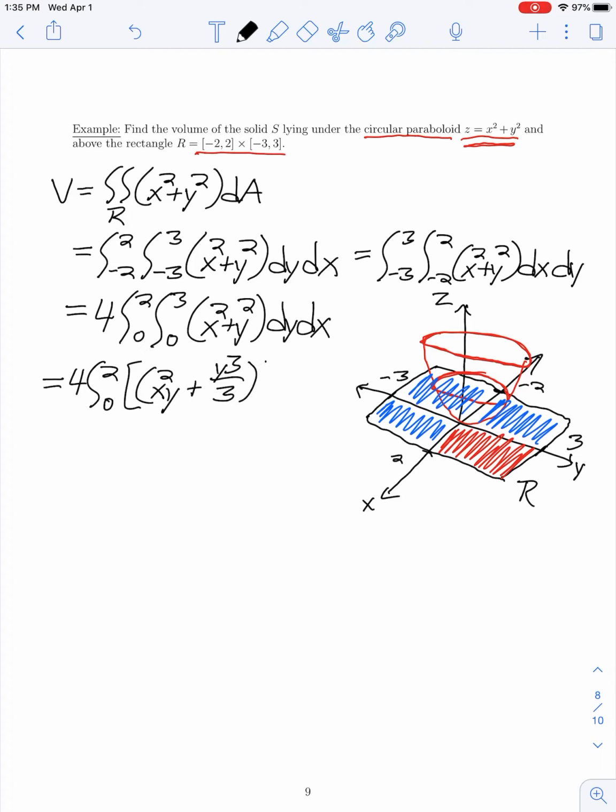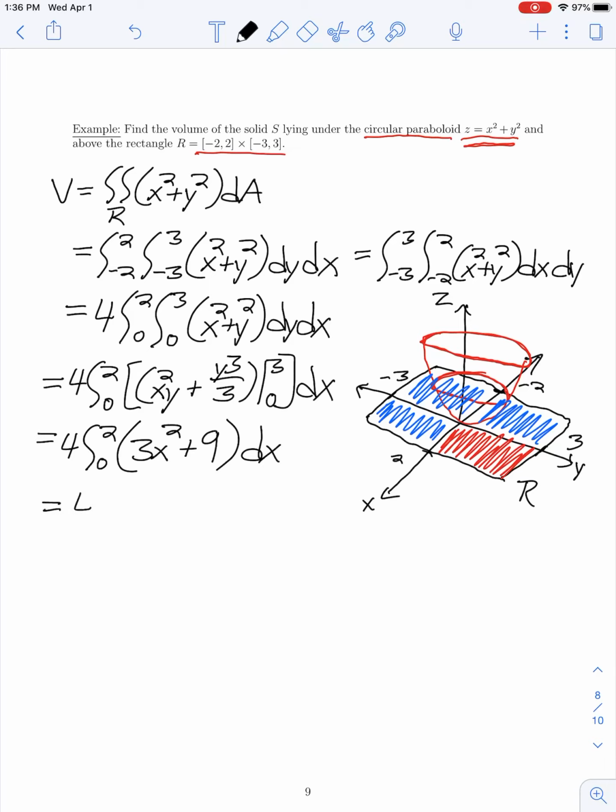So if we were to evaluate our integral with respect to y, we would have x squared y plus y cubed over 3, and we're evaluating from y equals 0 to 3, and then integrating with respect to x. So we have 4 times the integral from 0 to 2 of, if we evaluate at y equals 3, we have 3x squared plus 9, minus, when we evaluate at 0 for y, we have 0.